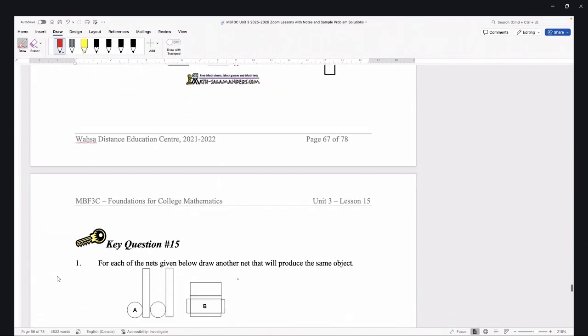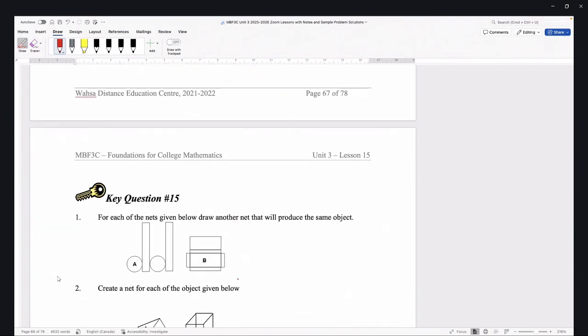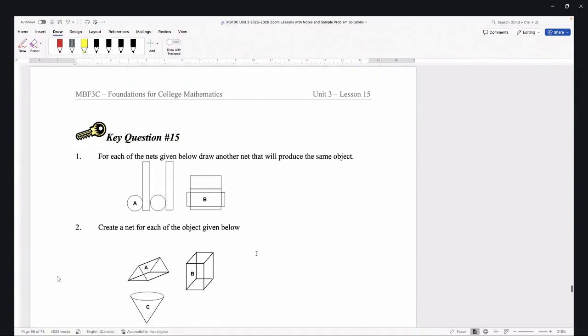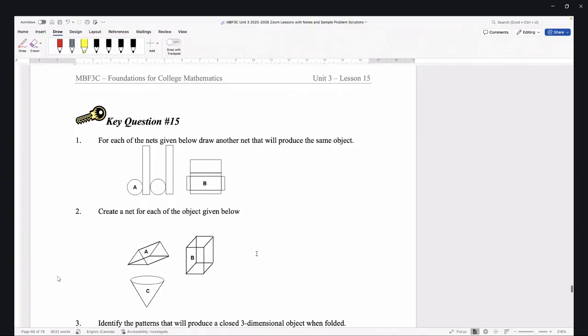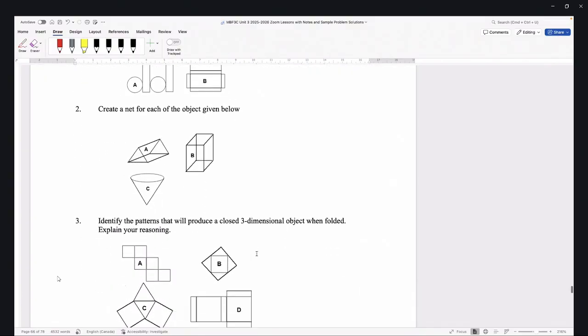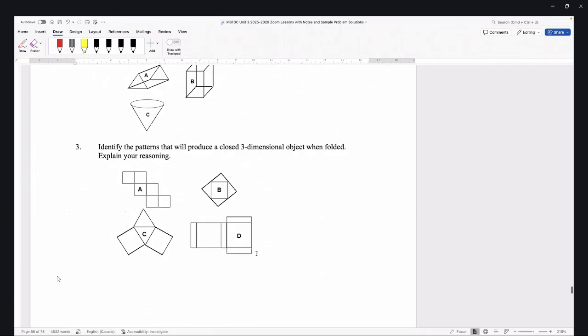So that is pretty much it for this particular lesson. Fairly short. And the key question is only 3 of them. So now, based on the information that we've covered today, you should have enough to help you finish off this particular lesson, and it then completes the unit as well.